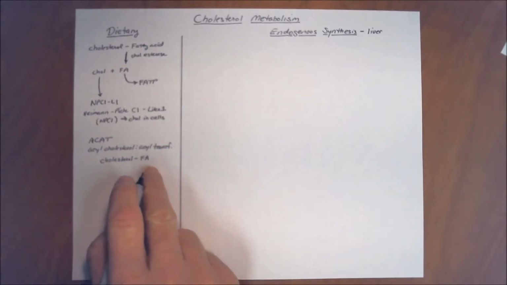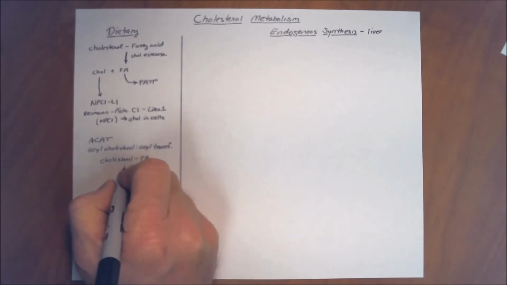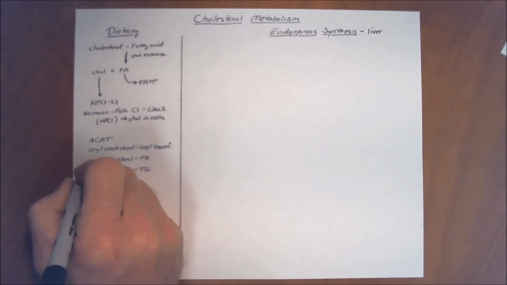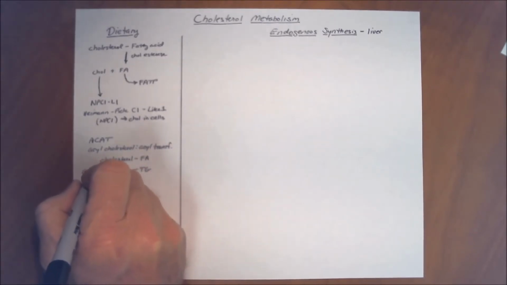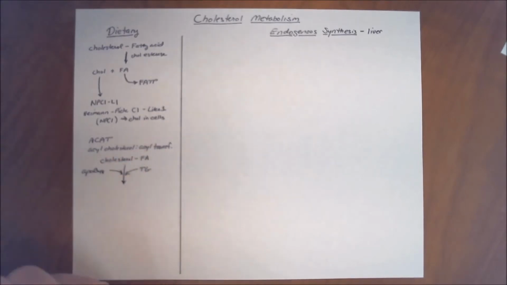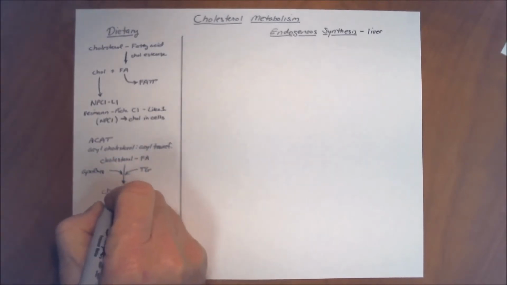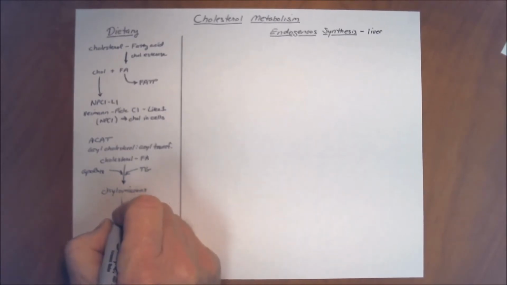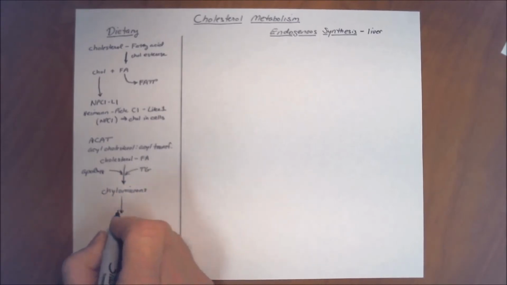Once we reconstruct the ester, this will be packaged along with triglycerides and, of course, ApoB48 as our scaffold protein to make chylomicrons. The chylomicrons are secreted out the basal surface of the cell and enter the circulation.